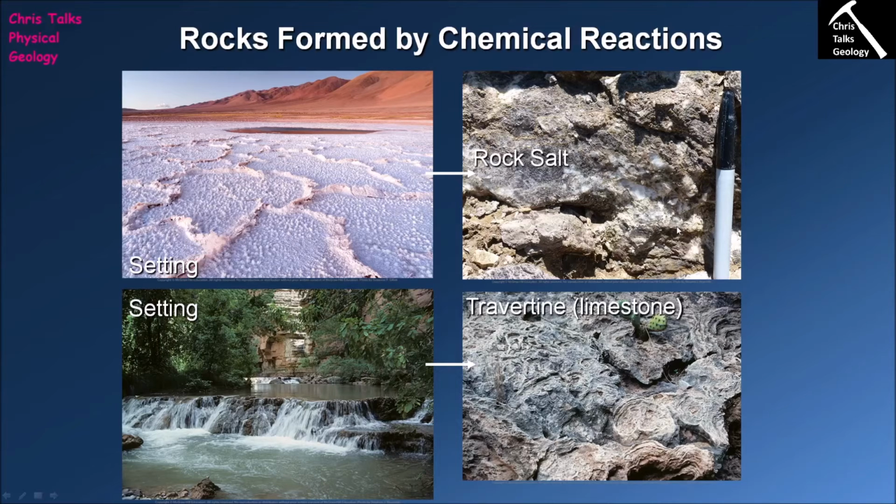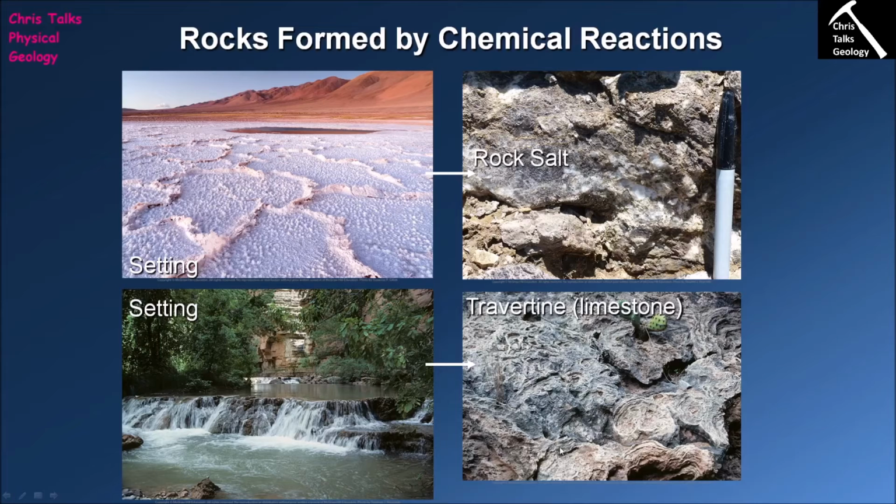So in the case of travertine, we have hot water rising up from underground, it's cooling down, and the amount of calcium carbonate that the water can hold in solution is decreasing as the fluid's temperature gets lower. It has to kick out that excess calcium carbonate, and by doing so it ends up forming a fine-grained calcium carbonate rock which we refer to as travertine.